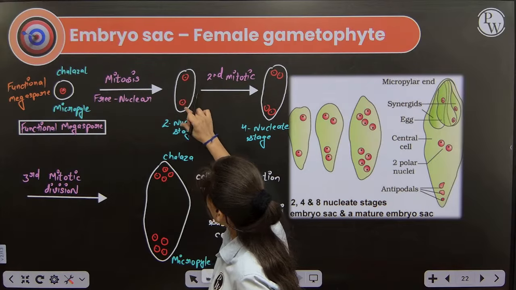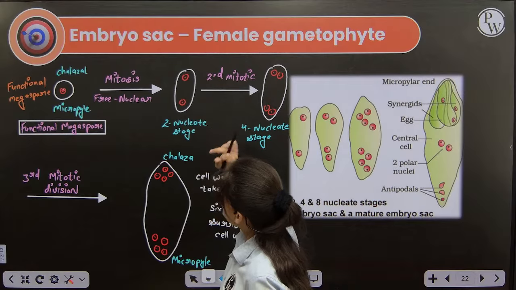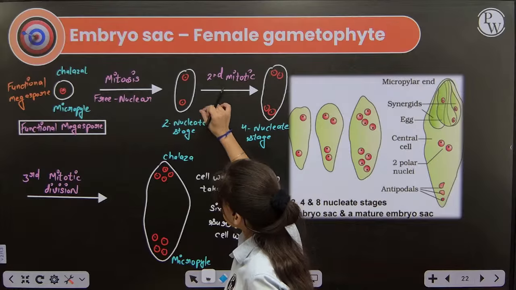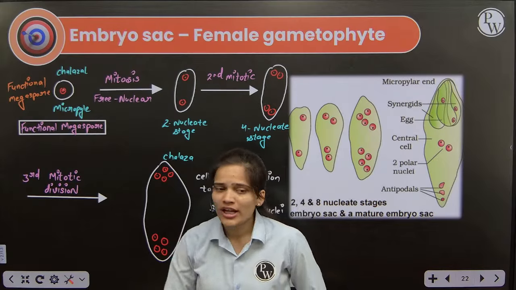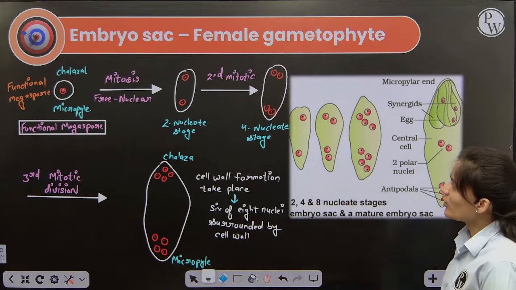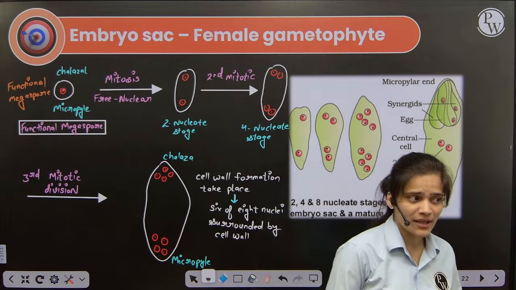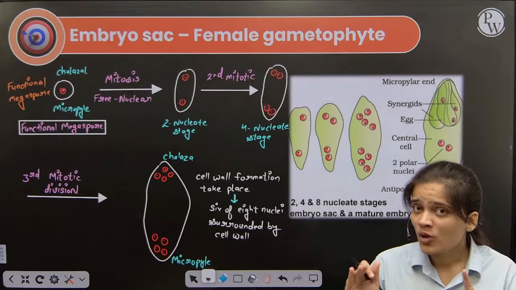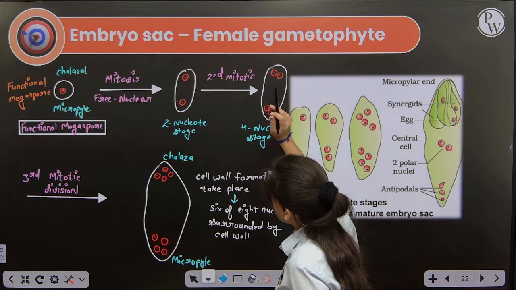After karyokinesis, how many nuclei are formed? Two nuclei, and they move towards the opposite poles, chalazal and micropyle. Then the second mitotic division occurs. That second mitotic division is also free nuclear, so only karyokinesis takes place, and cytokinesis does not follow immediately.